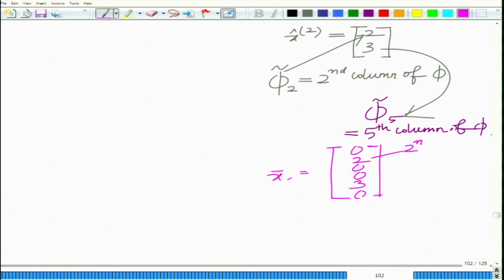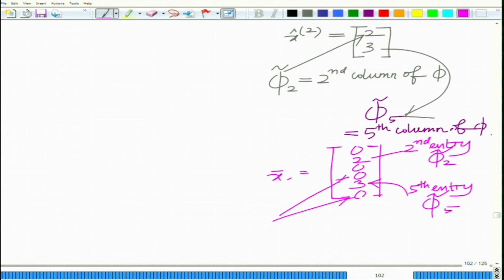So, this is the second entry corresponding to phi 2 tilde, this is the fifth entry corresponding to phi 5 tilde, and the rest of the entries are 0, and therefore, this is your estimate of the sparse vector x bar.